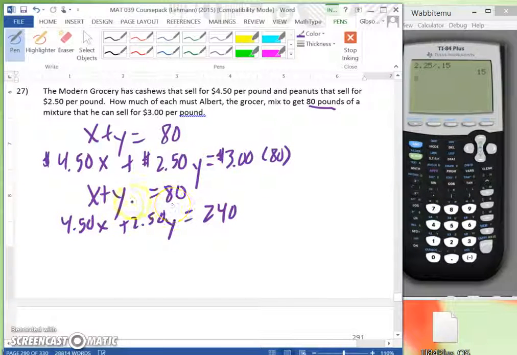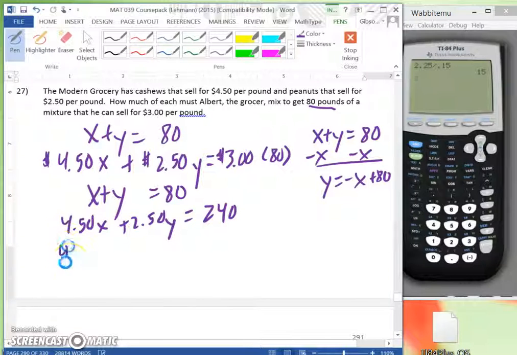Now, what we need to do here is this. We need to get the x or y by itself. So what we would do is we would take x plus y equals 80, because we want to use the substitution method. We can get y by itself. So we'll subtract x on both sides, and y equals negative x plus 80. So now we would substitute in for y the negative x plus 80. That would equal 240.